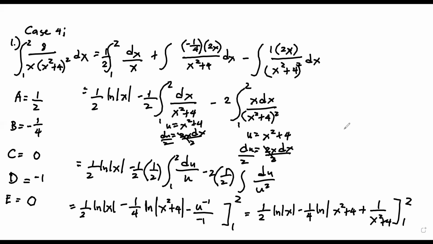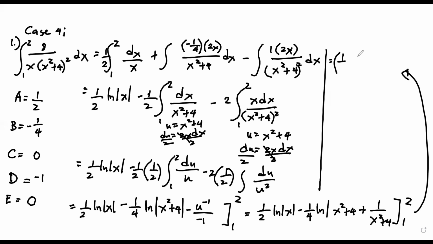And one-half ln 2 minus 1/4 ln of 2 squared is 4 plus 4, 8, so 1/4 ln 8, plus 1 over 2 squared is 4 plus 4, 8, so plus 1/8, minus, this is 0, negative 1/4 ln 5 plus 1/5.